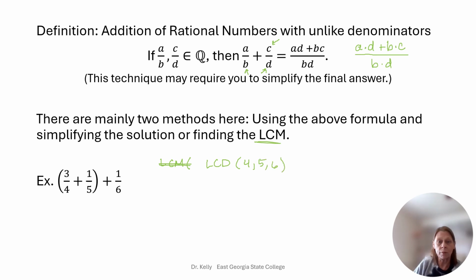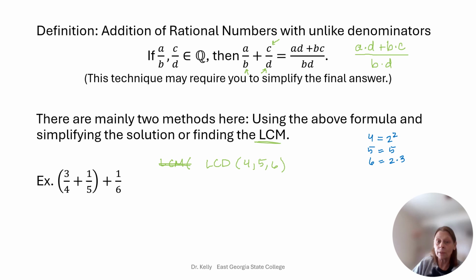And I'm just going to remind you quickly how we do that. What we do is we find the prime factorization of each of these numbers. So 4 is 2 squared, 5 is just 5, and 6 is 2 times 3.